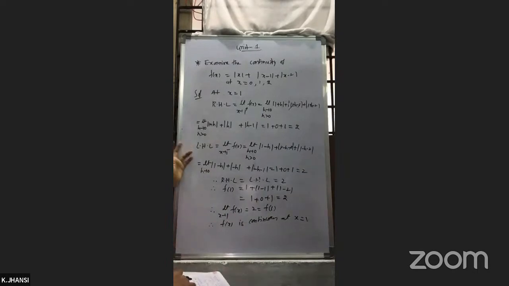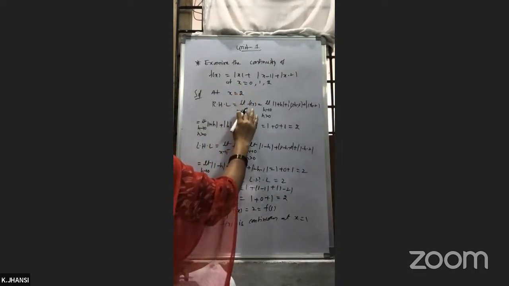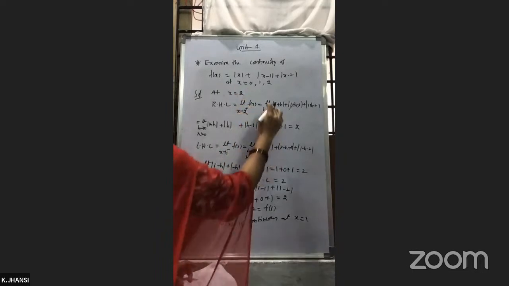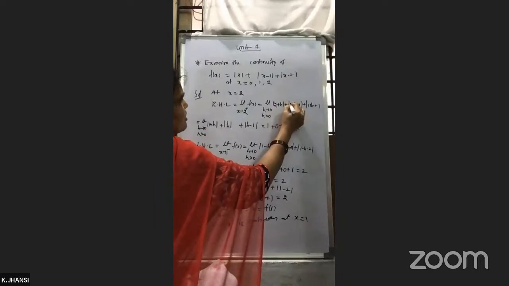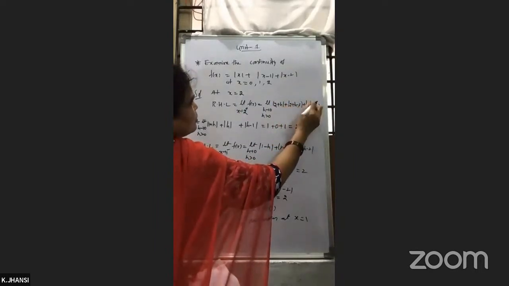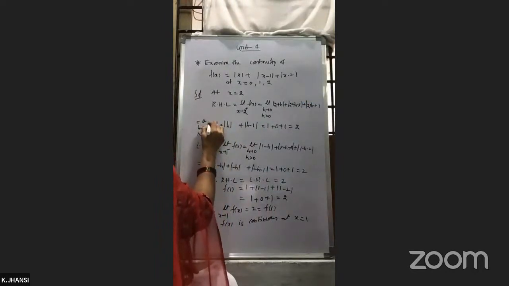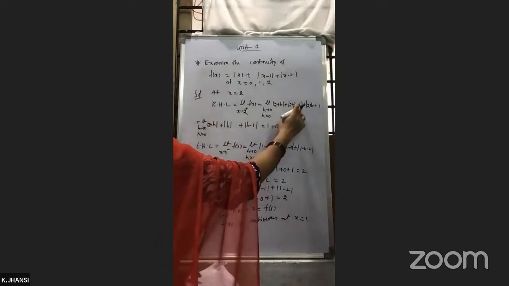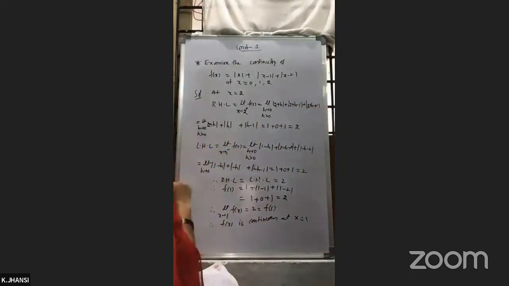In a similar way, we have seen x equals to 0 and x equals to 1, now you can see at x equals to 2 also. Here this is 2 plus h, this is 2 plus h, and here also 2 plus h. So this is 2 plus h, and here this is 1, this 2 and minus 2 will get cancelled.